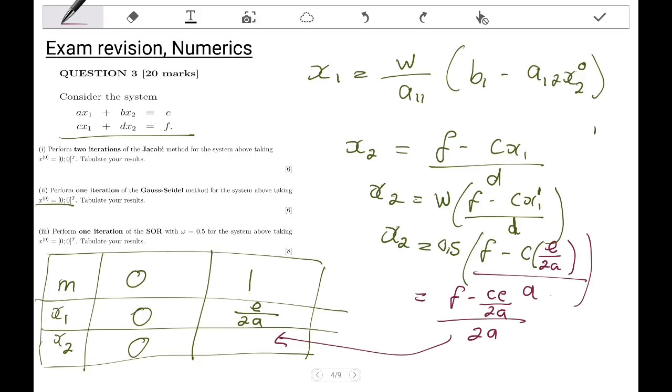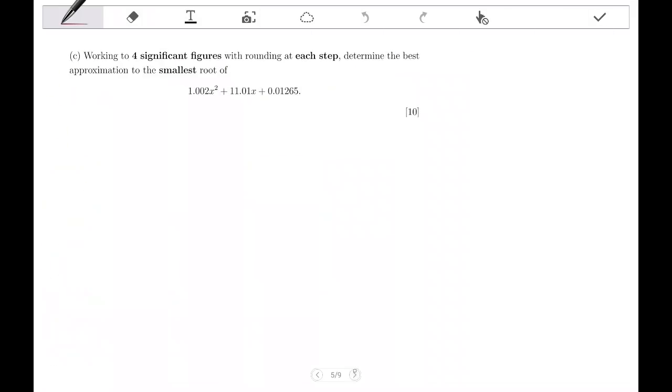So let's move on to the next question. It is a question from the past papers. It says, working to 4 significant figures with rounding at each step, determine the best approximation to the smallest root of the equation.